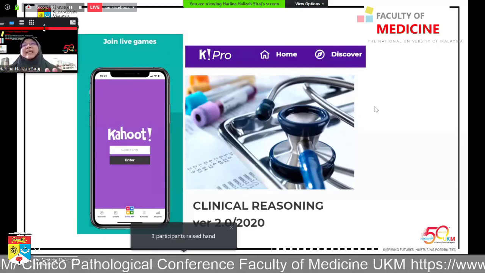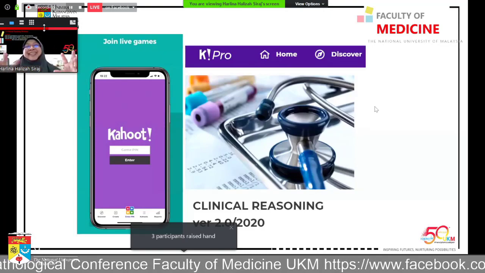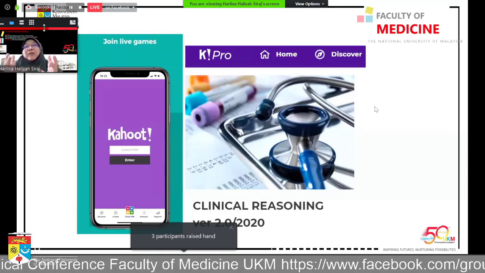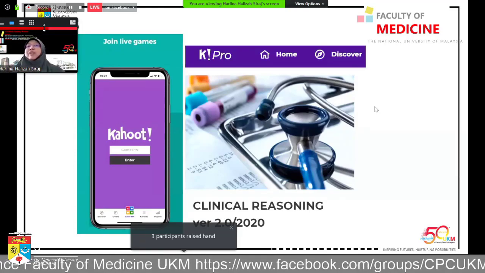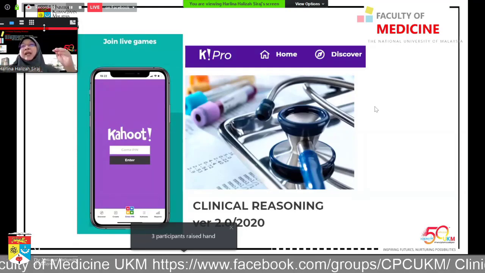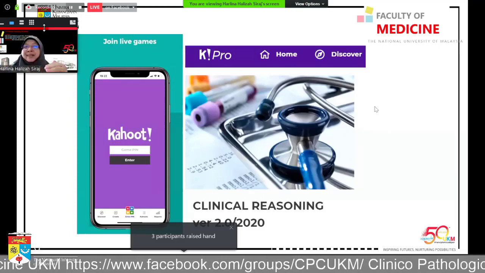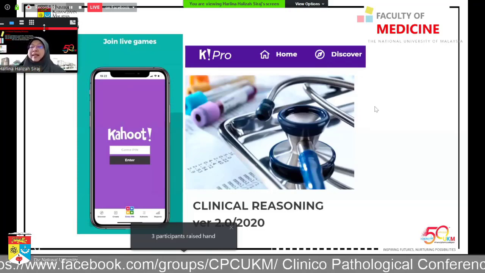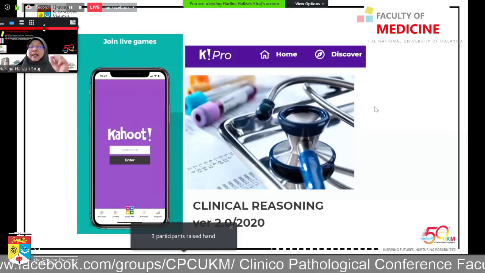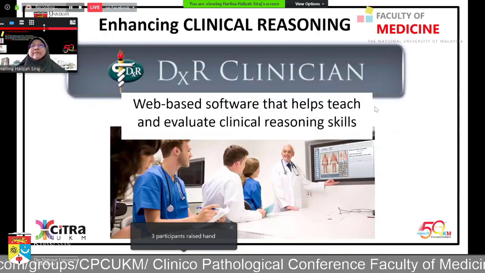But this is basically when you can have maybe 10 spot diagnosis on certain disease, and you can really see some students who are good at it and who needs help. And Kahoot will tell you, these are the 6 students that need help, because out of 10 questions, they only answer 3 right. And you can actually pinpoint to the student, providing you have their metric number.